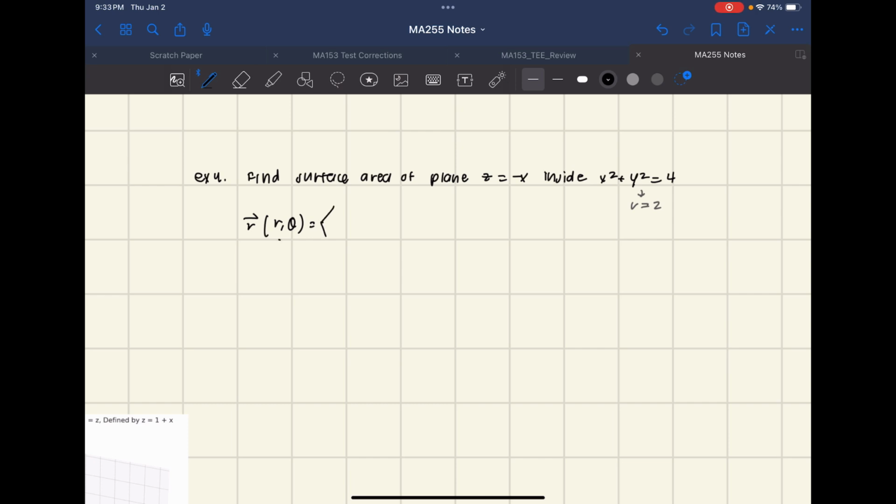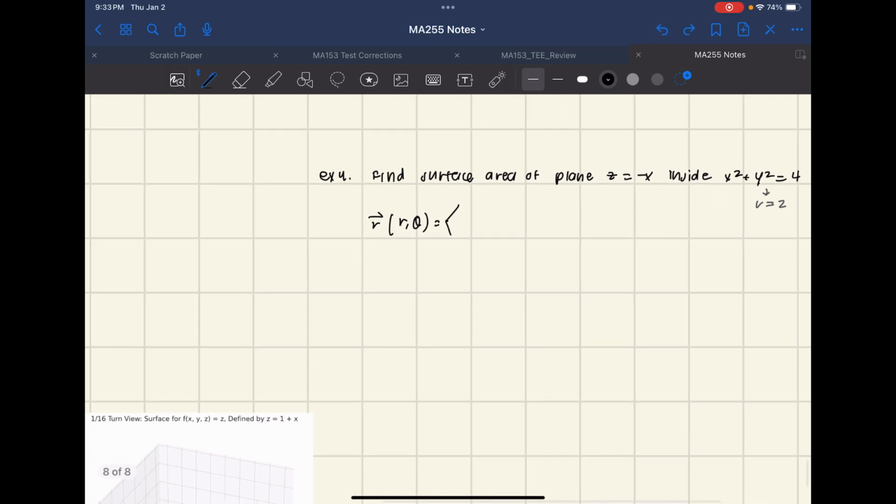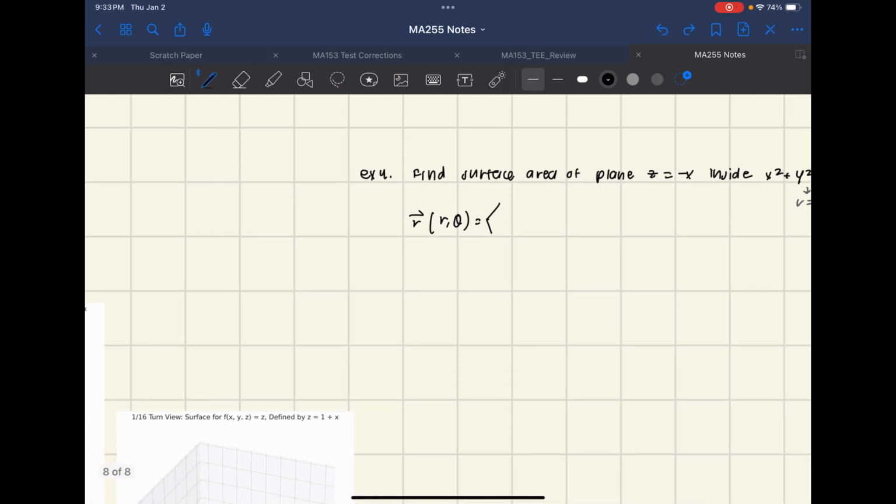Here we have r and r theta. So I'm going to draw a picture to try and illustrate this. Radius r, x, and y, and you have your angle there. And this is on a plane.